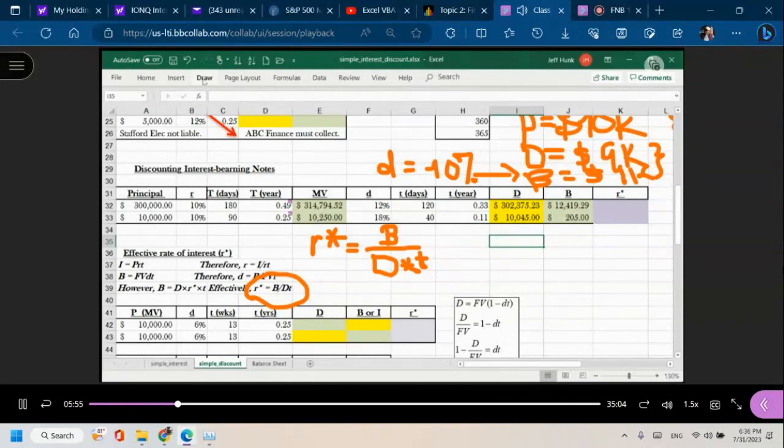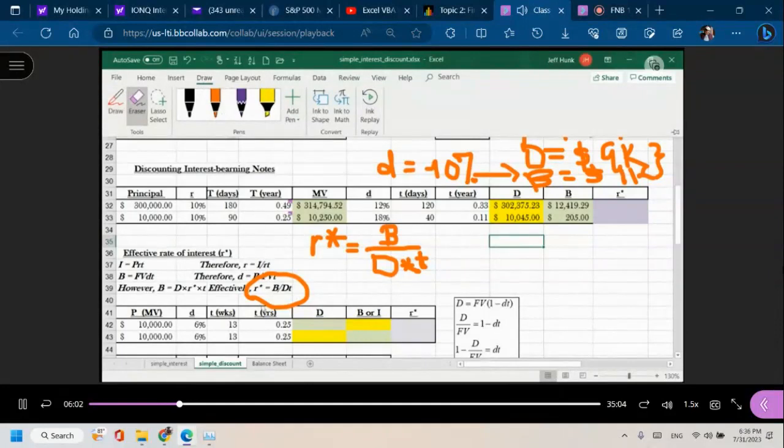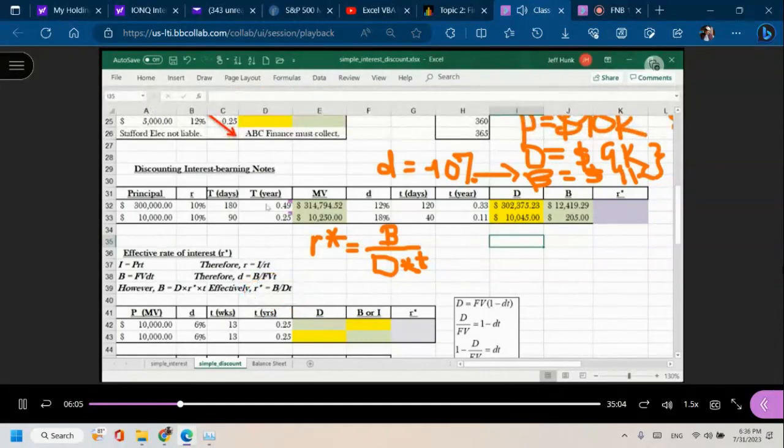My handwriting doesn't look any better than this, but it looks better than this, of course. I'm drawing with the mouse, so everything is really difficult. R star, and of course, this is D times T.